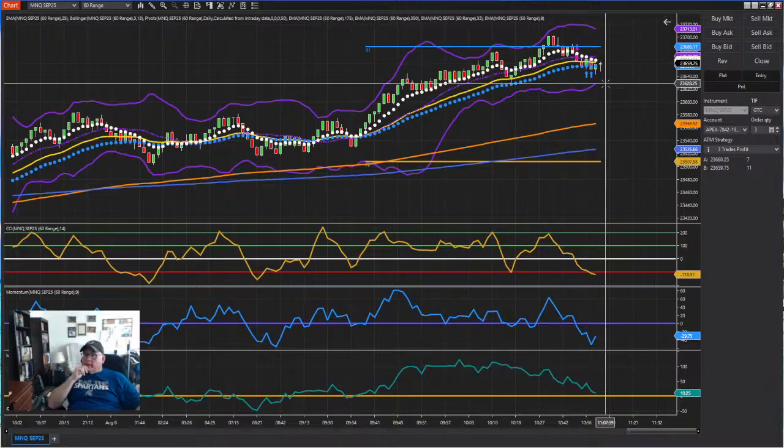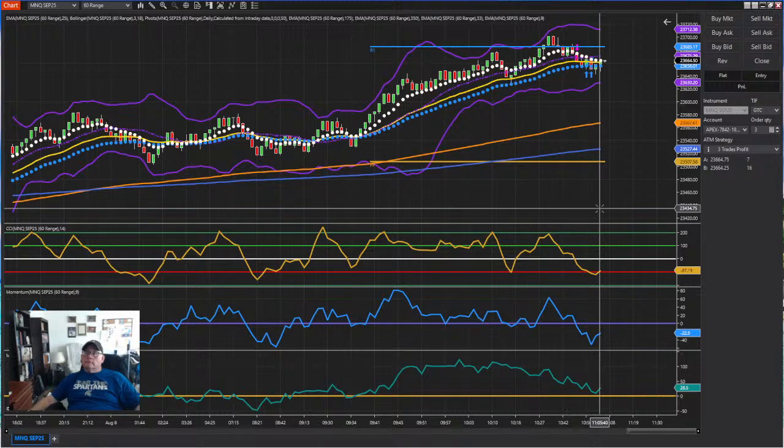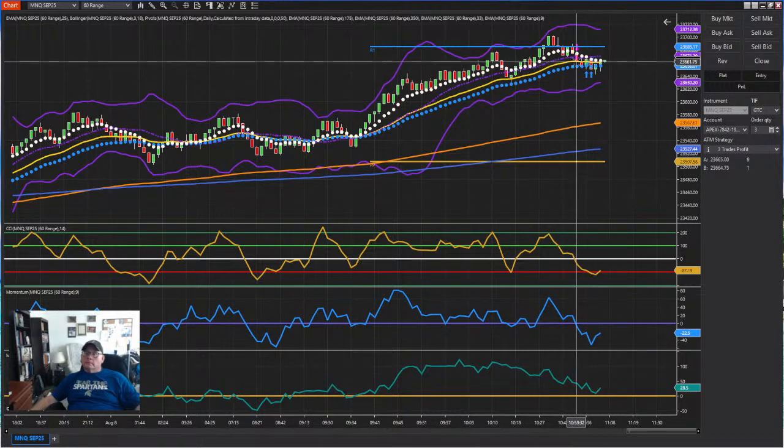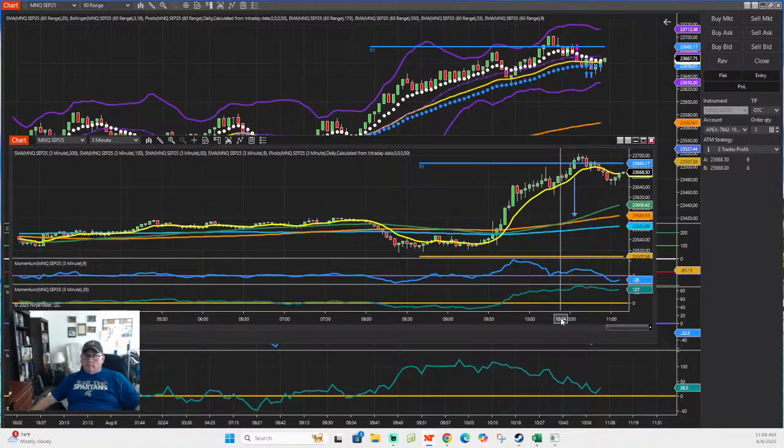Just trading 3 EAs right now, trying to get one of them to PA. And broke through here.